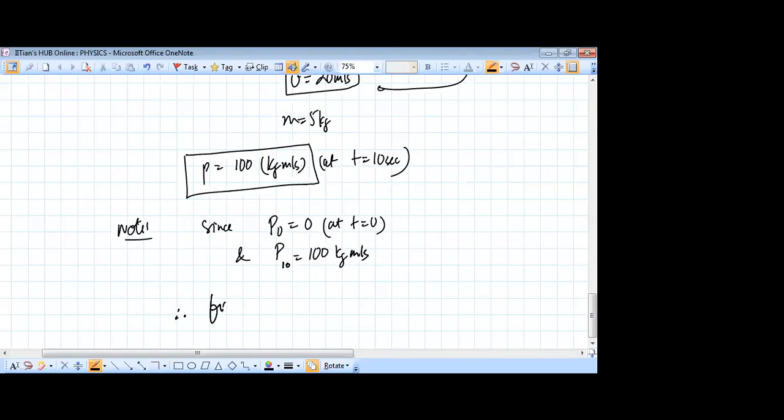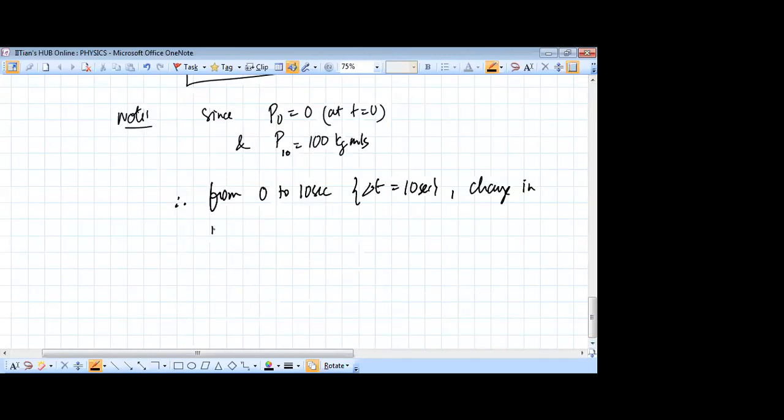Therefore, from 0 to 10 seconds, your time interval is 10 seconds. The change in momentum, delta p, will be the momentum at 10 seconds minus the initial momentum at 0. So that is 100 kilogram meter per second.